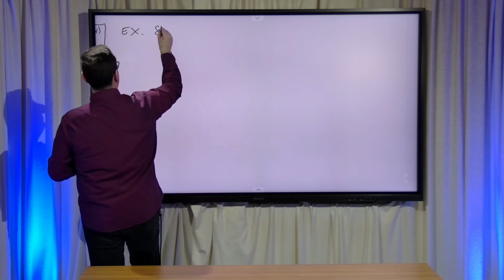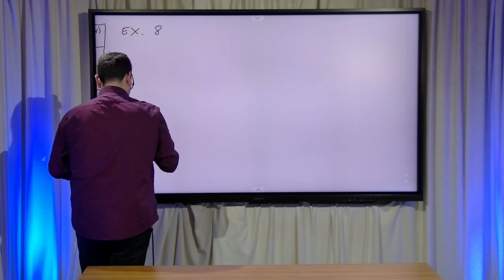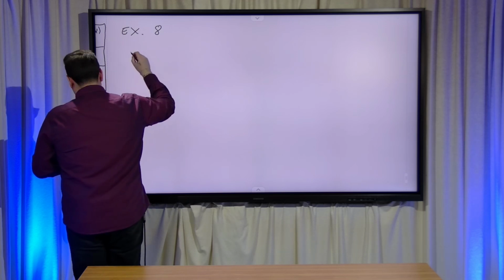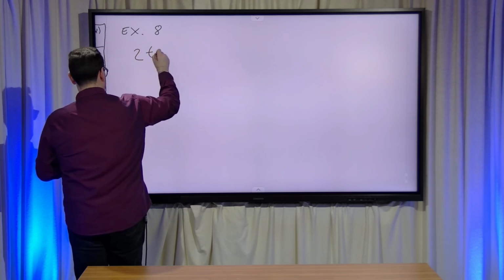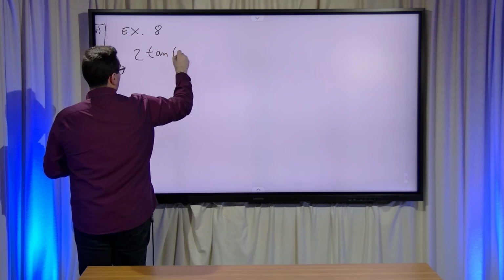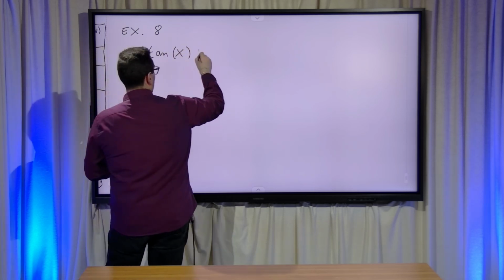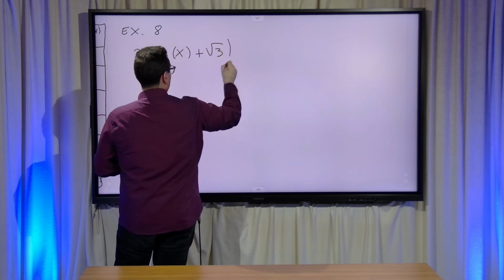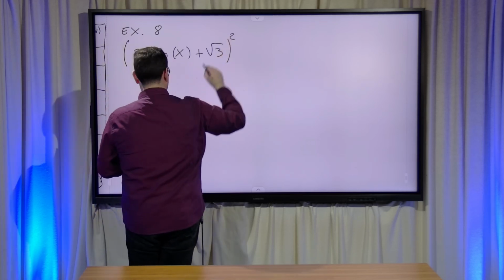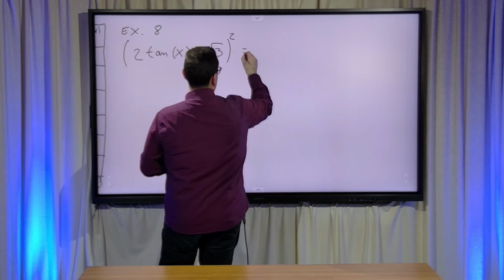Exercise 8. Two tangent of x plus square root of 3, all to the power of 2, is equal to 3.